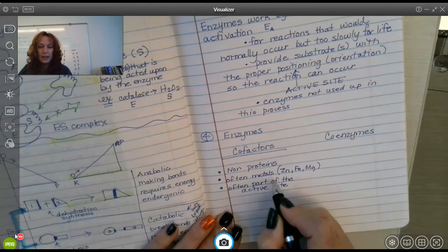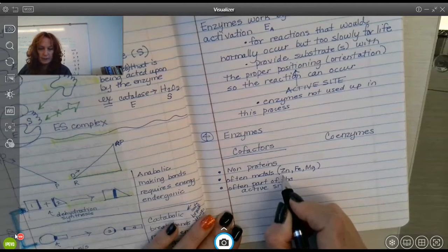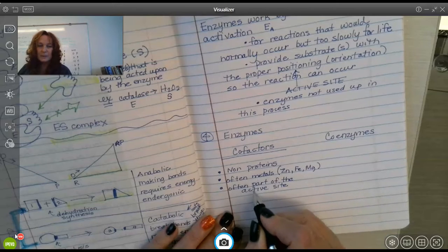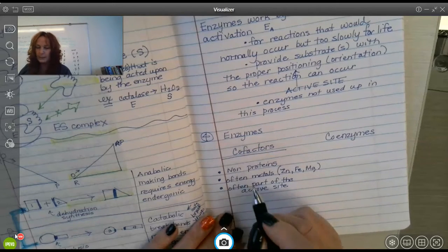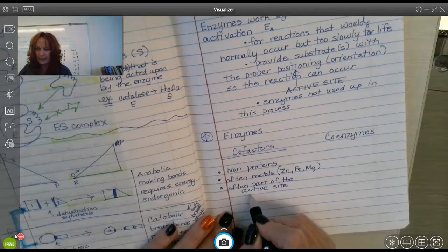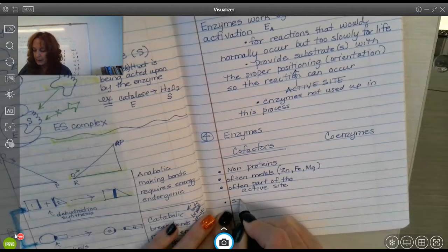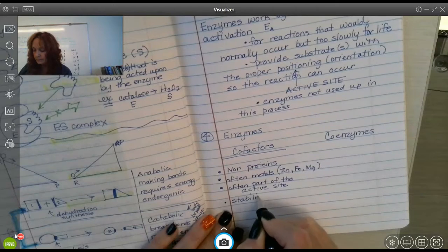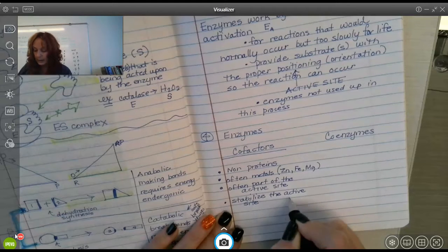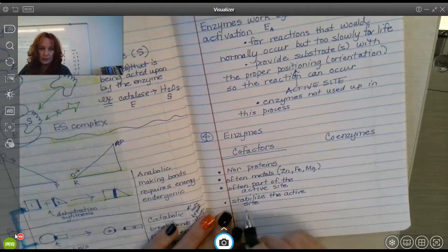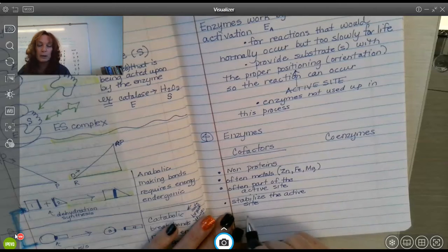And because of their properties, they have a stabilizing effect on the whole enzyme because of being in the active site. So they stabilize the active site, which just means allow it to stay in the shape it's in, in an easier, less energetic state.